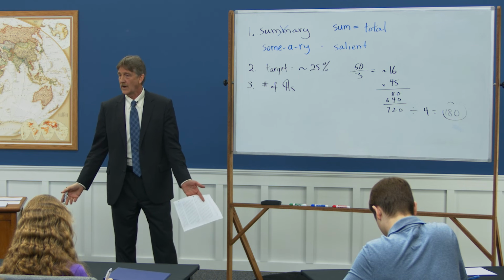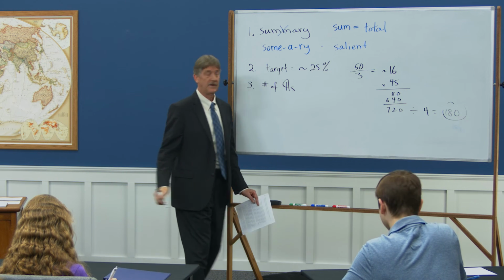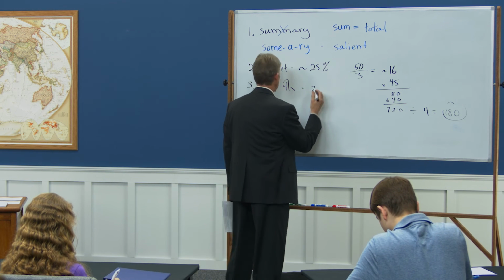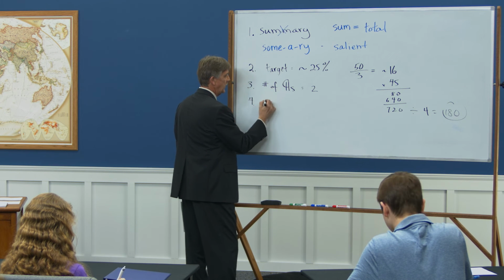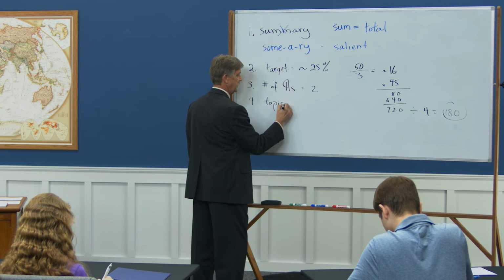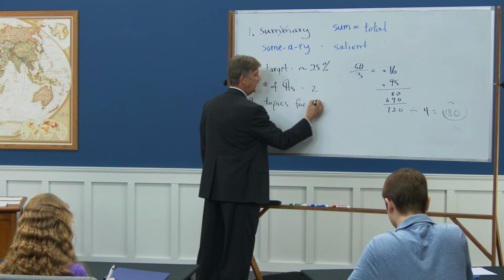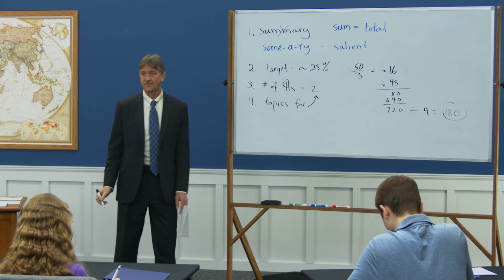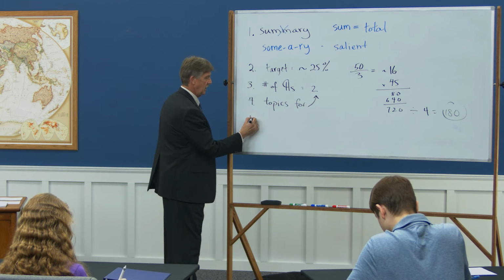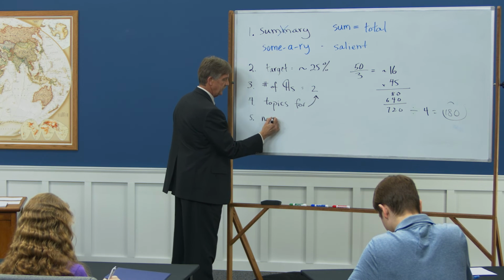And I would strongly recommend you try for the 2 in this case. Then you would have to come up with topics for your 2 paragraphs. And then you would take notes.